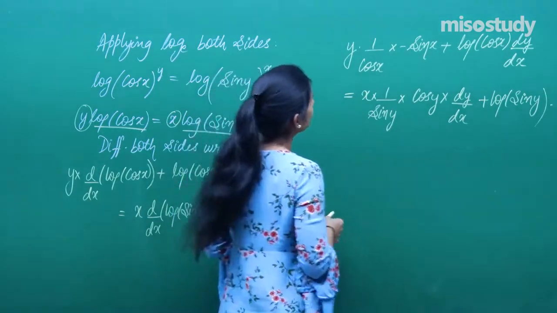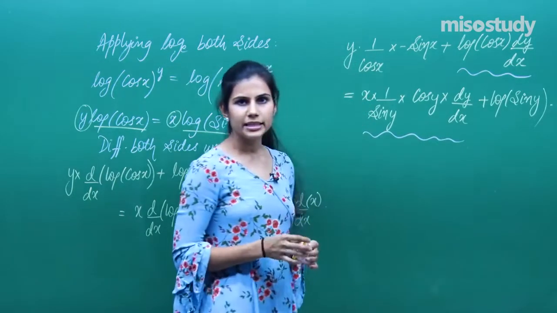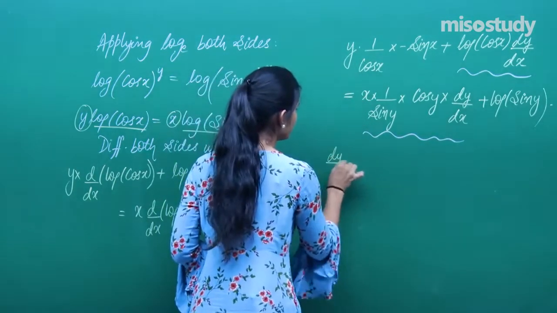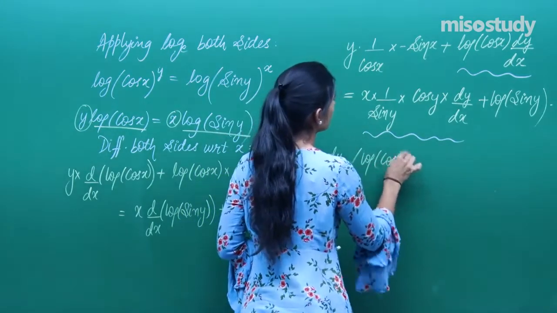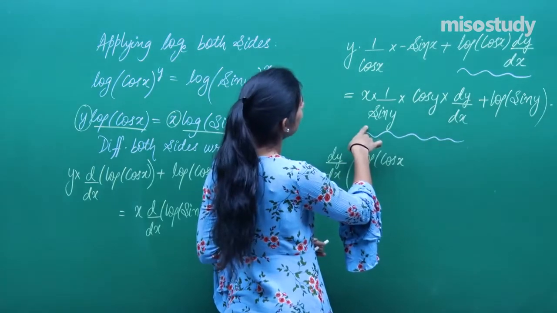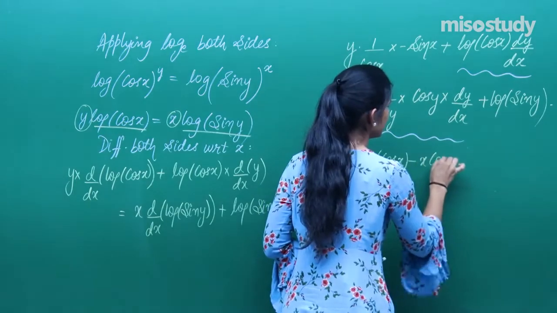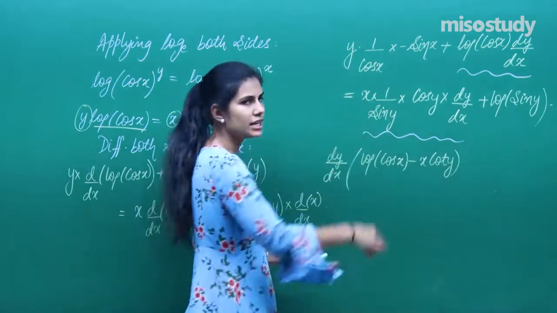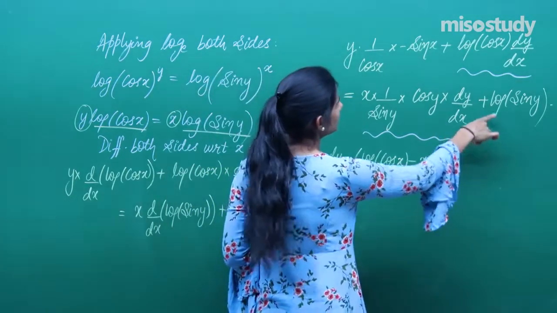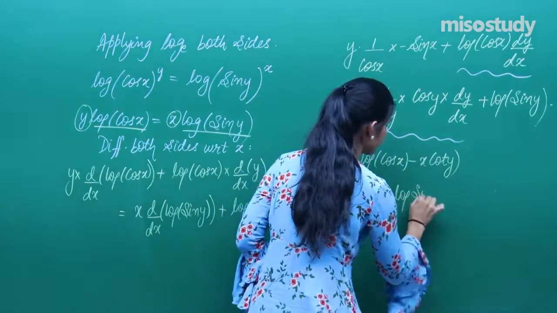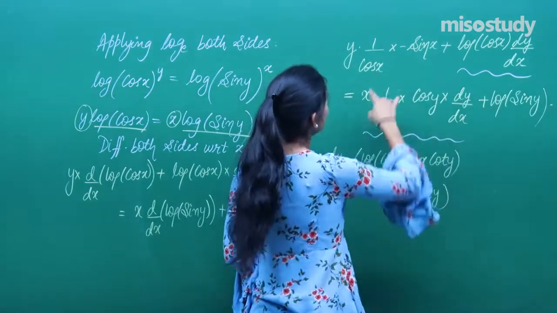Fine. Bring everything related to dy by dx on one side. You can see all this is concerning dy by dx. So you have dy by dx common, log cos x, and here you have minus x cot y, because it's coming to the left hand side of the equality sign. This is equal to log sin y plus y tan x.